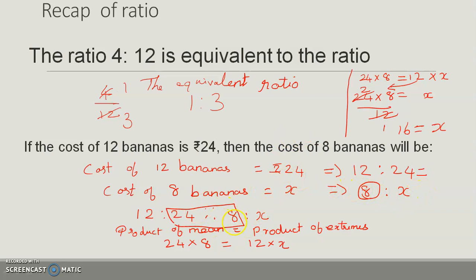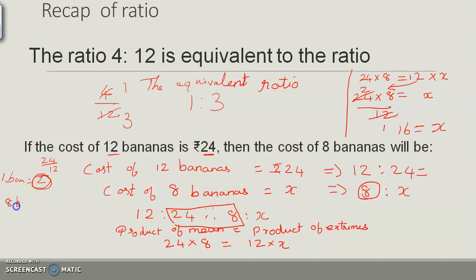Instead of going in this ratio method, you can have a simple logic also. 12 bananas, what we have learned right from 3rd standard. 12 bananas is 24 rupees. So what will be the cost of one banana? Exactly 2 rupees. One banana 2 rupees, therefore 12 bananas 24. How did I get this? I divided this 24 by 12 and I got the cost of one banana to be 2 rupees.